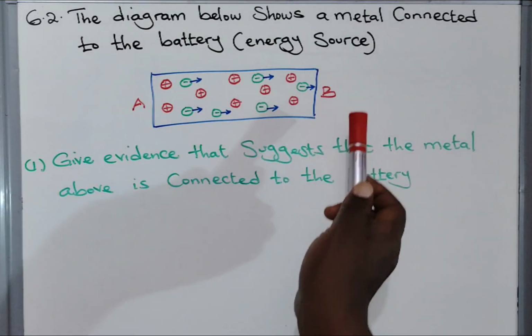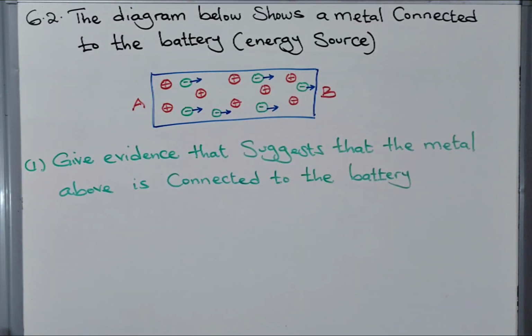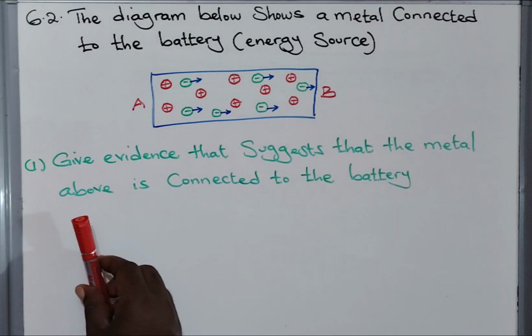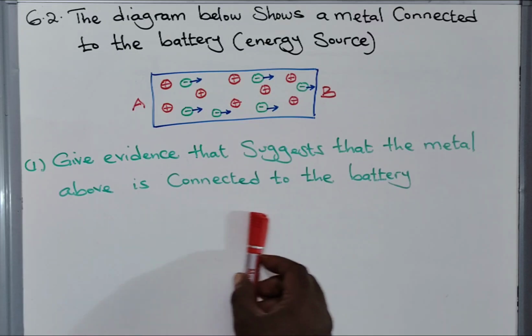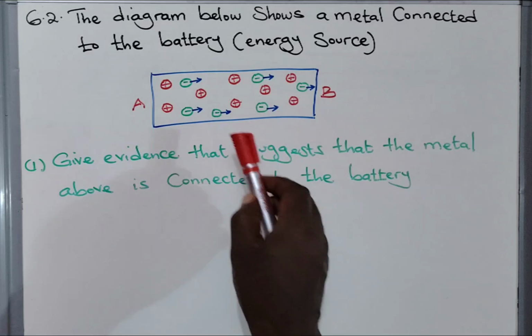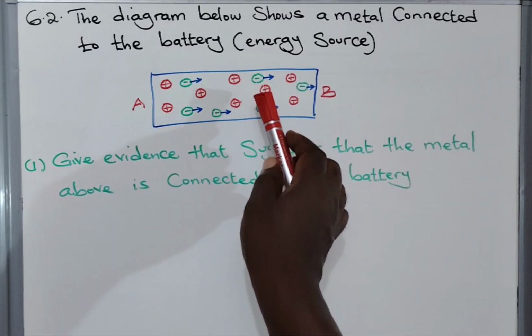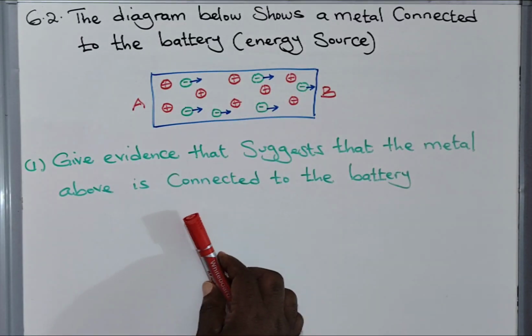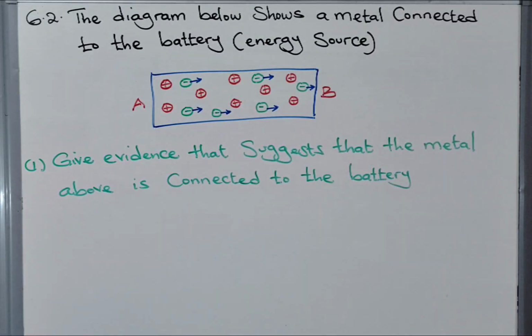So what evidence do we have here to suggest that? The evidence is that electrons are moving in the same direction. The green are the electrons. They are negatively charged. And what do we see? All of them are moving in the same direction.